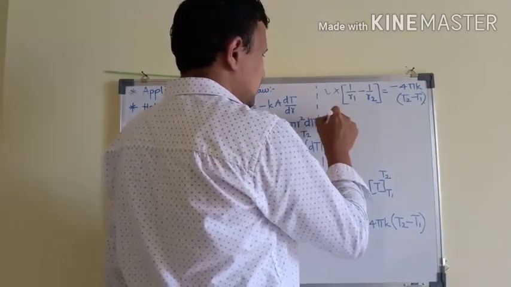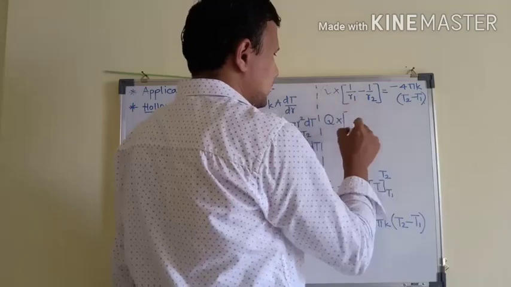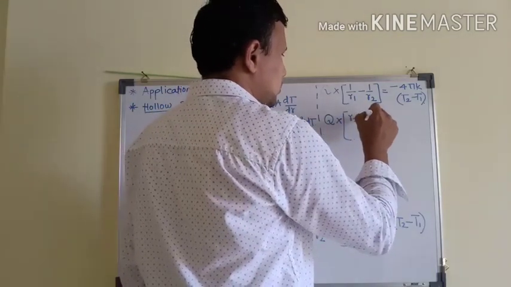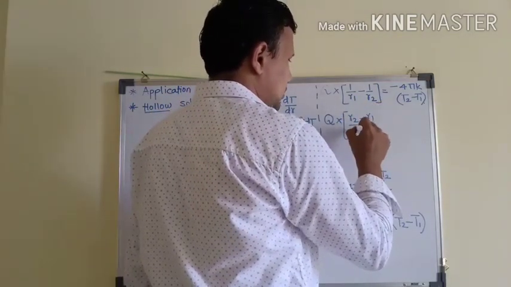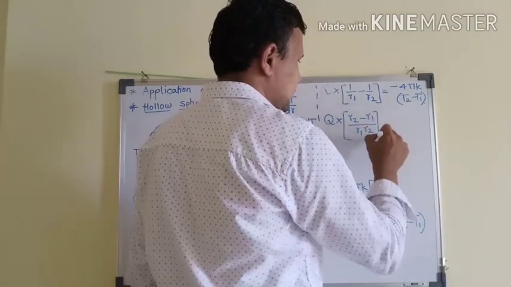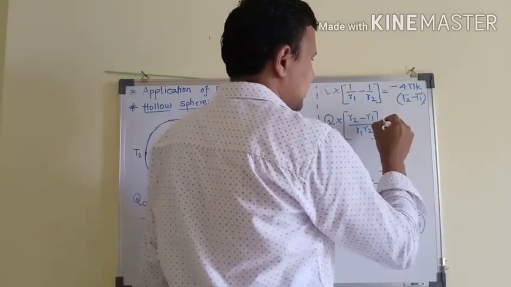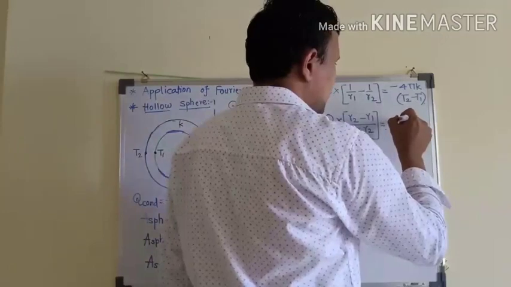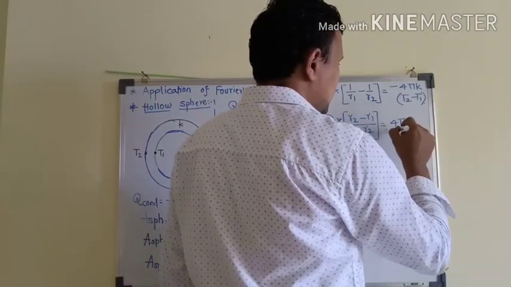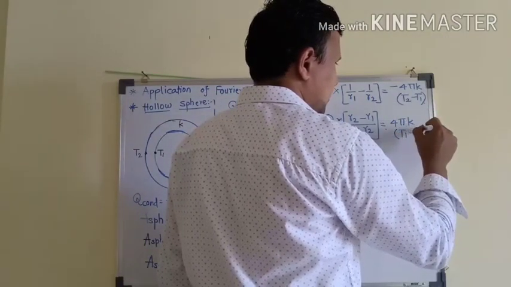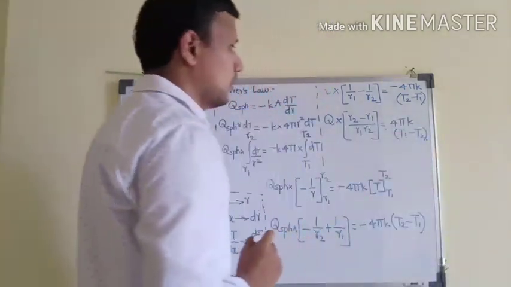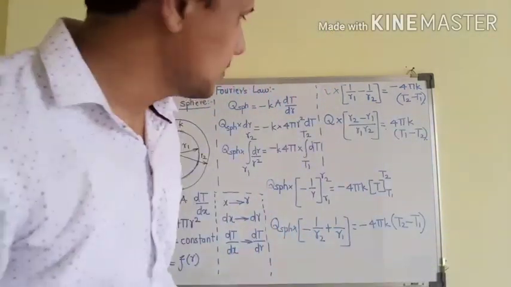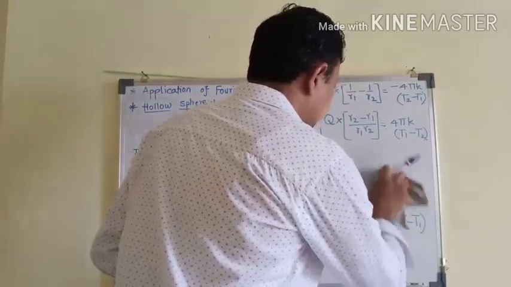Now we organize this term, so that gives us r2 minus r1 upon r1 r2, and this will be equal to 4 pi k. We absorb this negative sign into the bracket, T1 minus T2. So finally we come up with the final analytical formula.